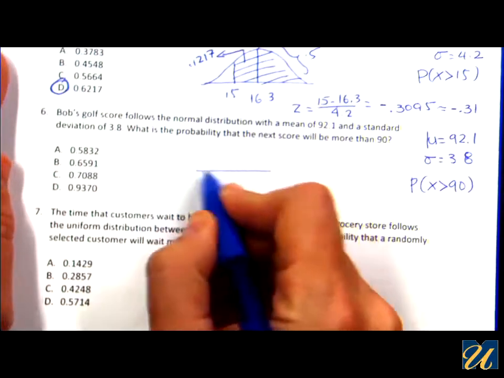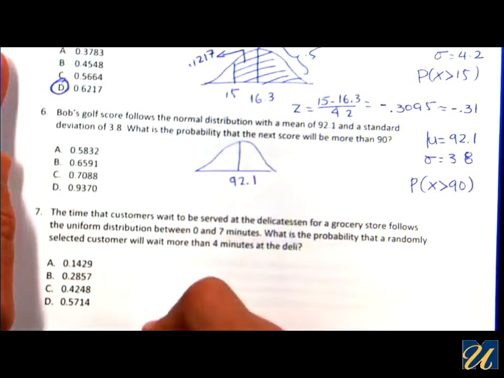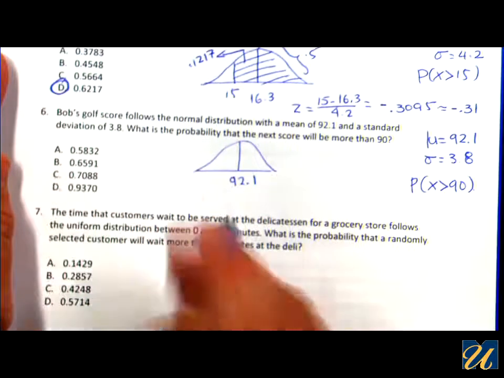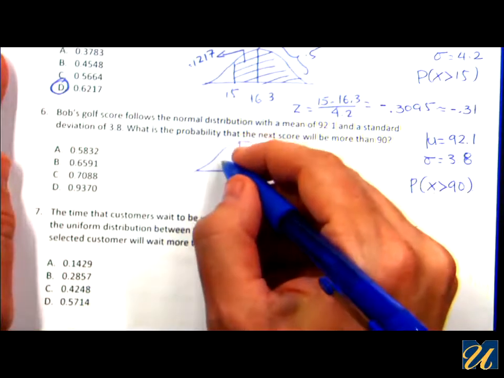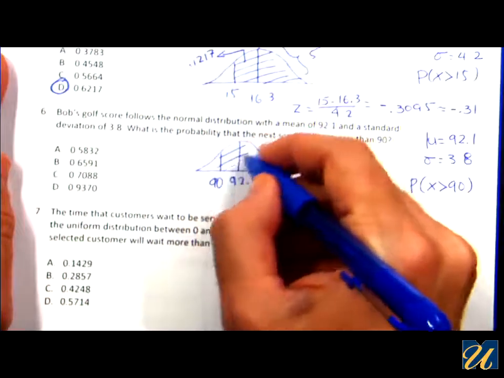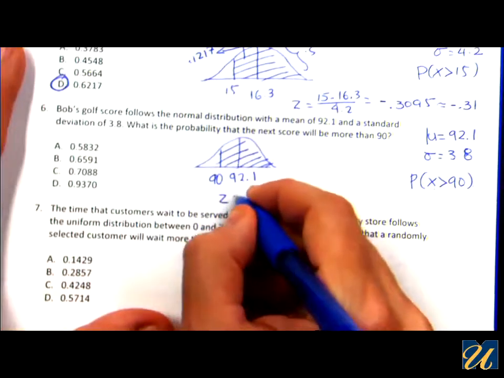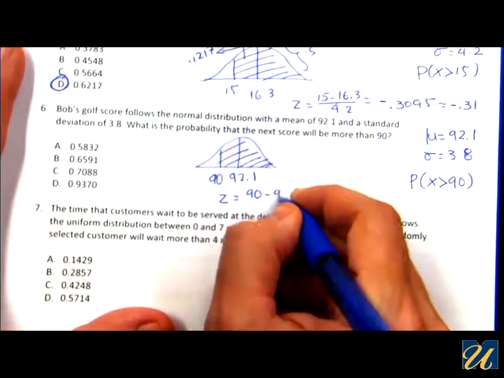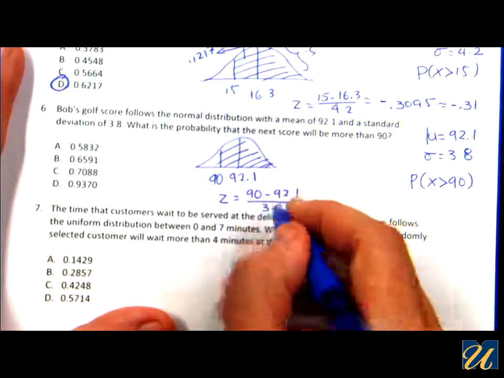Normal distribution, mu is 92.1. 90 is to the left of the mean, greater than 90. I'm looking for the whole area to the right. Z-score, 90 minus 92.1 over 3.8.